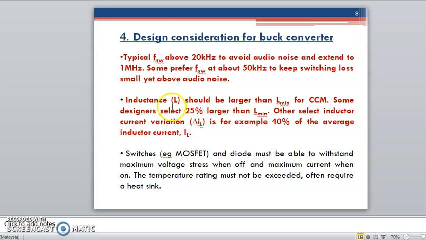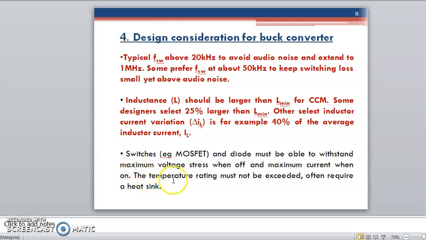In terms of inductance, it should be larger than L minimum, because if you go lower than L minimum, you will enter DCM. In some designs, you should consider 25% larger than L min. Another kind of inductor selection is, for example, at 40% of the average inductor current.